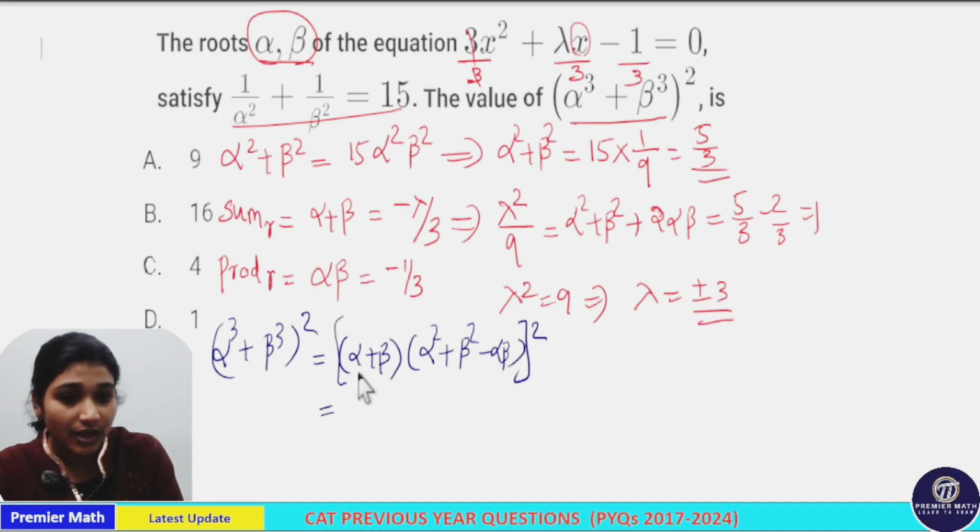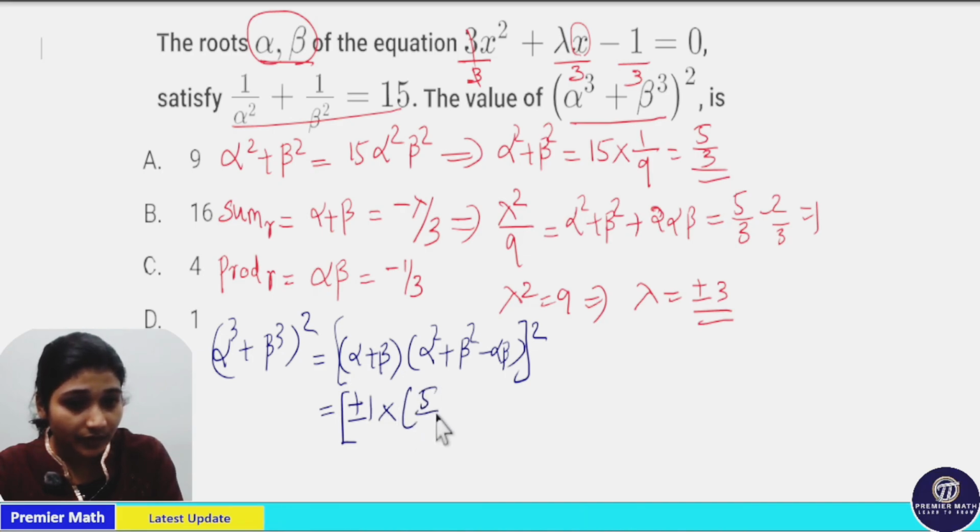So alpha plus beta is equal to minus lambda by 3. Minus lambda by 3 means negative of plus or minus 3 by 3, which is equal to plus or minus 1, into alpha squared plus beta squared, which is 5 by 3, and minus alpha beta is equal to minus of minus 1 by 3, which is plus 1 by 3.